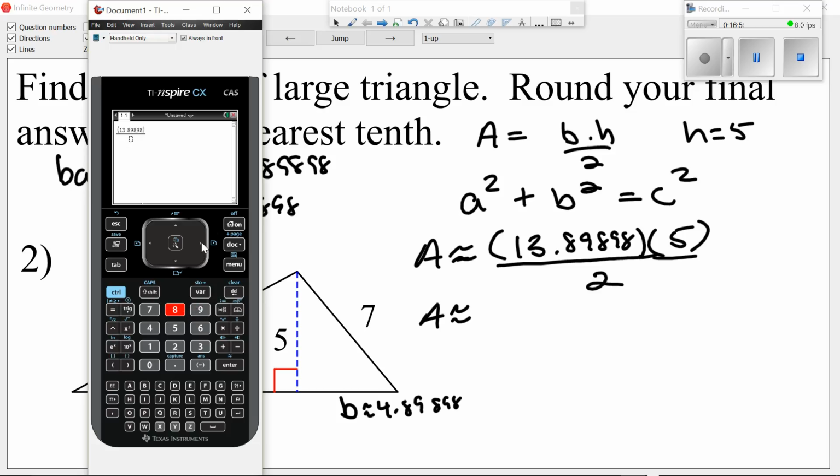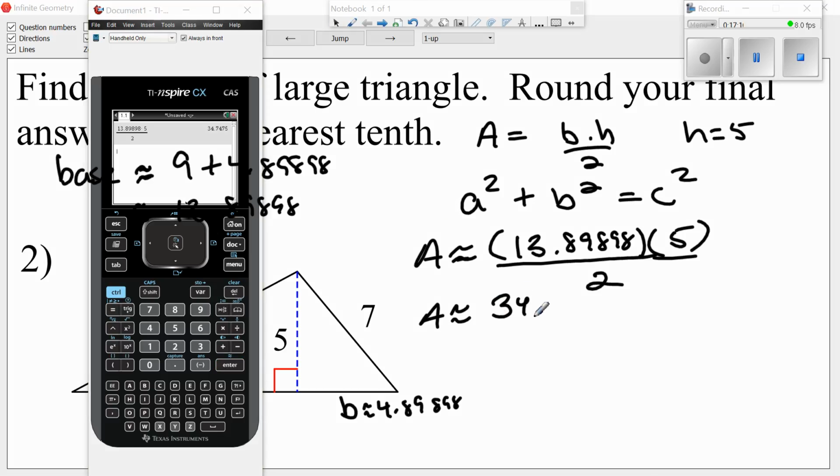Okay, come outside that, times 5. We don't have to put the 5 in a parenthesis, and we really didn't need to put the other thing in parenthesis either. But divided by 2, enter. Okay, and I get an answer of 34.7475.